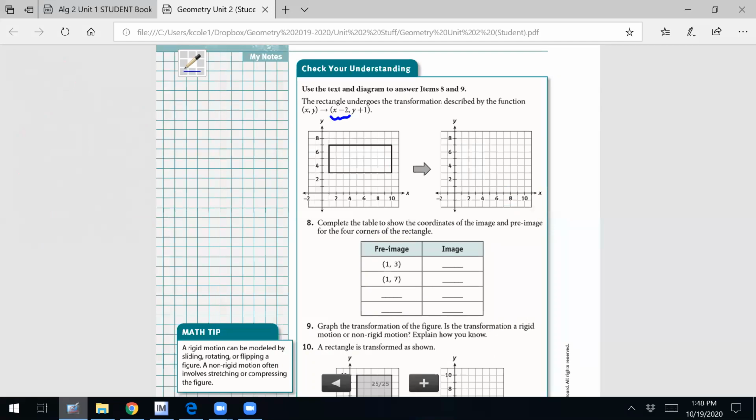Left 2. This one's going left 2, and this one is going up 1. Y'all see that? You can look at the X's, it tells you left and right. You can look at the Y's, it tells you up and down. So you already know what's going to happen. So fill out your table. Once you do your table, graph it out. And break.